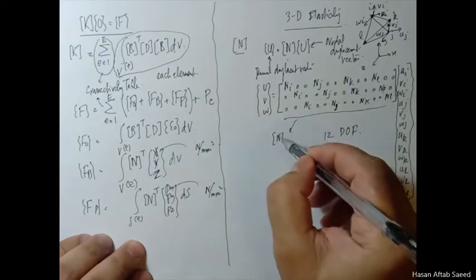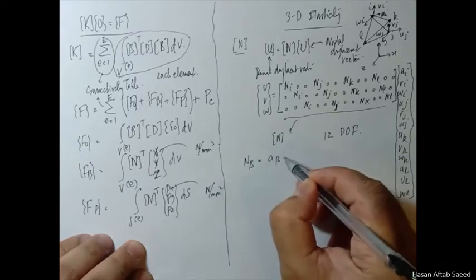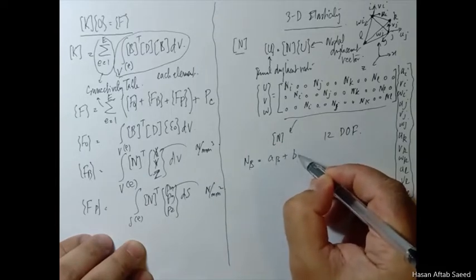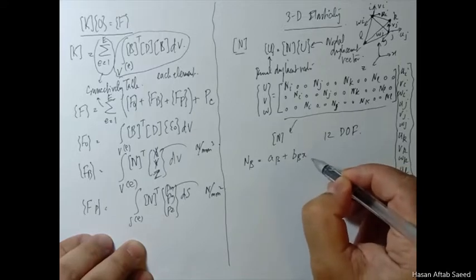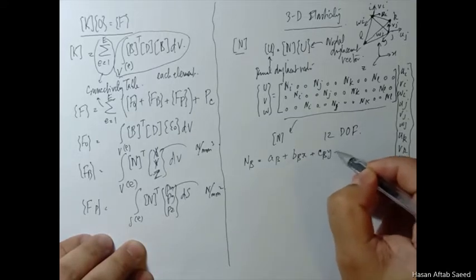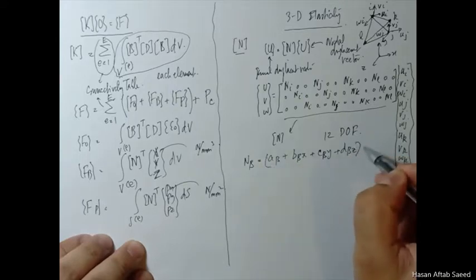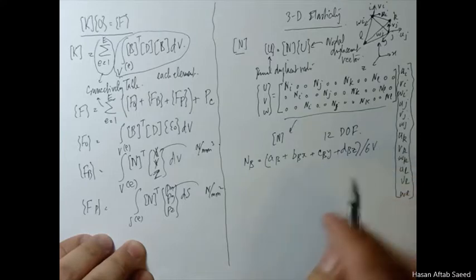Now, what is the expression for the shape functions? Again, we have a general expression. We may not have derived it till the end, but we have derived the same expression for 2D problems, and that was very similar to this one. Slightly different, but you can follow those steps and reach this situation.